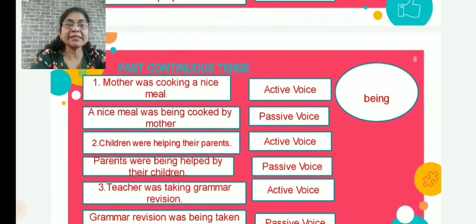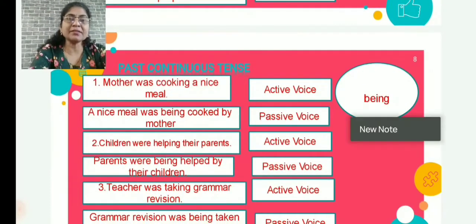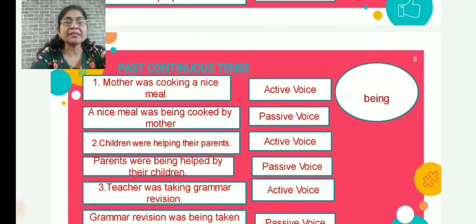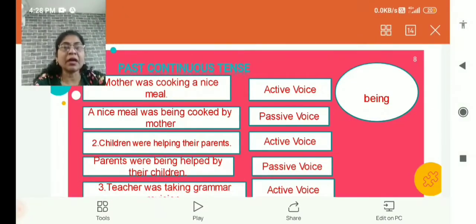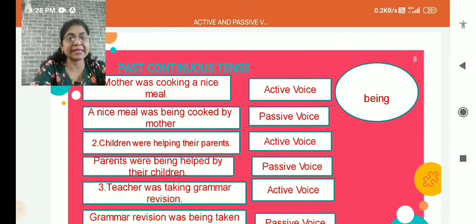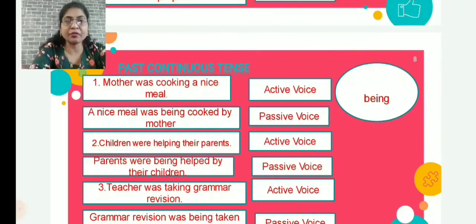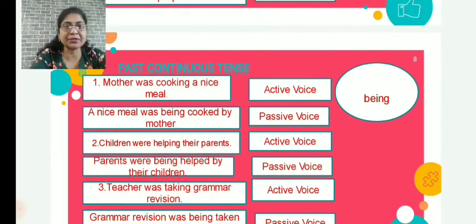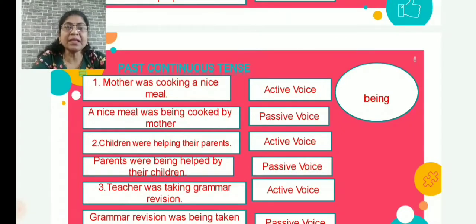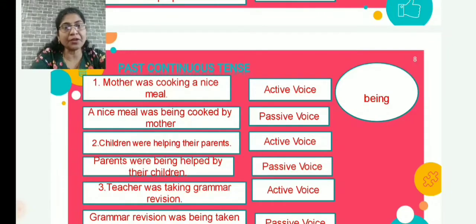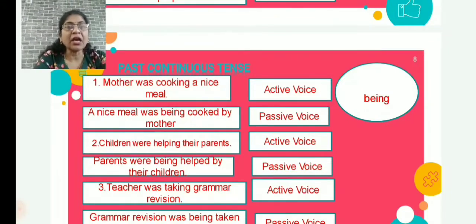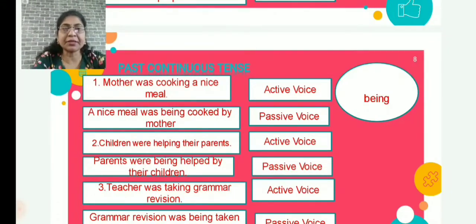Now the next tense is past continuous. The formation of past continuous and present continuous is the same. Why is it the same? Because the word being is added. Being, a to be verb, is added for both present as well as past continuous. Mother was cooking a nice meal. Mother is the doer in the sentence, was is the supportive verb, cooking is the action, a nice meal is the object.